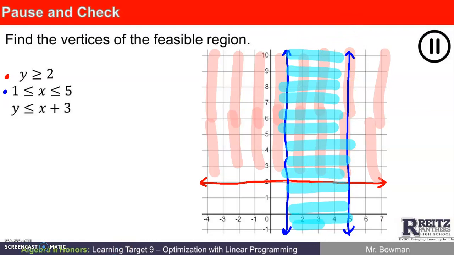And then our last one to do here says, how about y is less than or equal to x plus 3? So the boundary line will have a y-intercept of 3. It's going to have a slope of 1, so up 1, right 1. Like so.